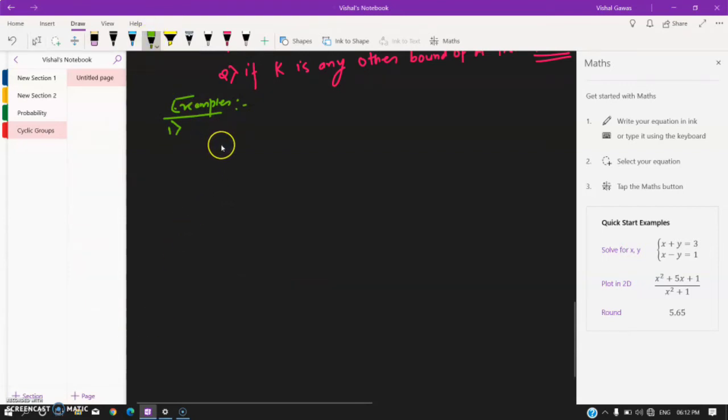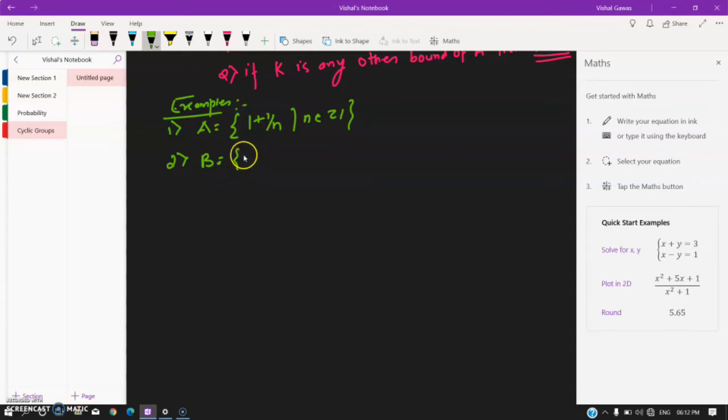Let me take a set A to be the set of all 1 plus 1 by n, n belongs to Z. I'll give you examples. I'll do some and the rest you can try.